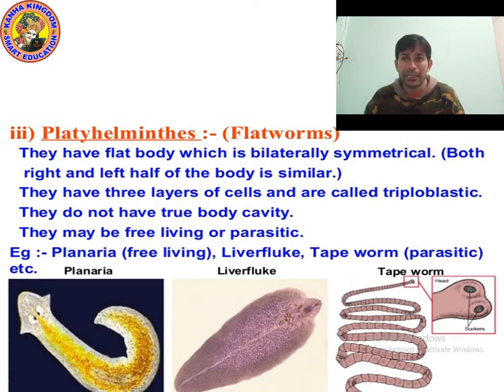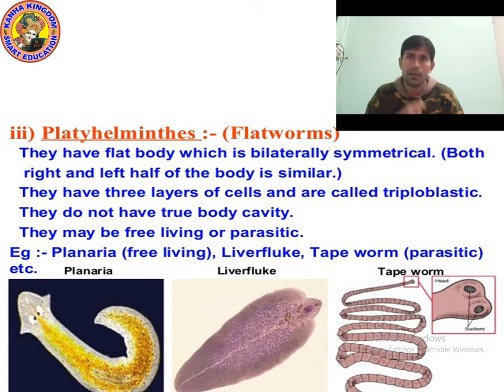This is called bilateral symmetry. Bi means two, and radial symmetry means there are many axes of lines. Platyhelminthes have a flat body which is bilaterally symmetrical, means both the right and left halves of the body are similar, as you can see in the picture.